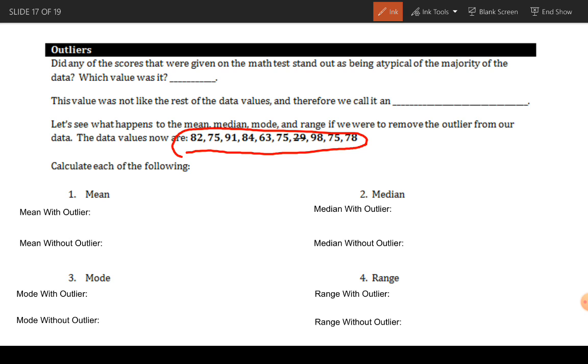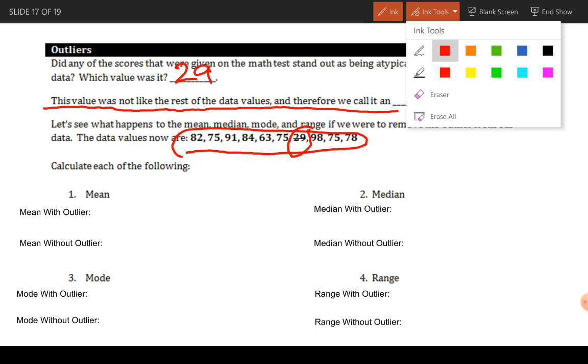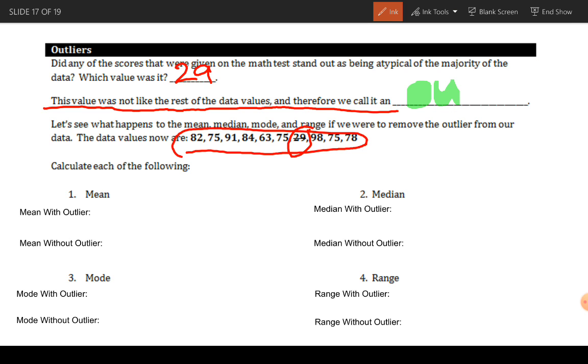So are any of those values a lot smaller or a lot larger than the rest? The one that is would be this value 29. 29 is a lot smaller than the rest of those values, okay? So this value was not like the rest of the data values, and therefore we call it an outlier.